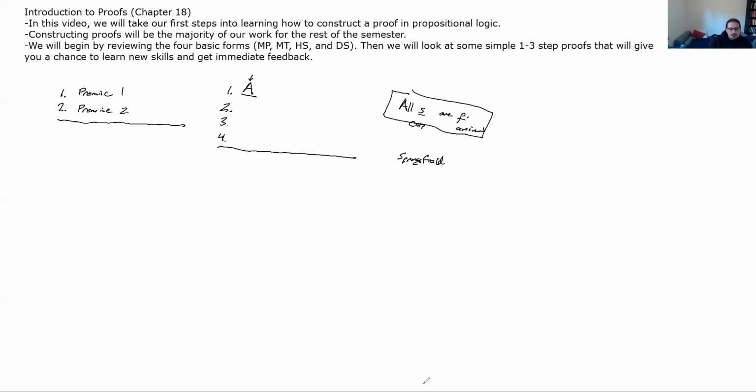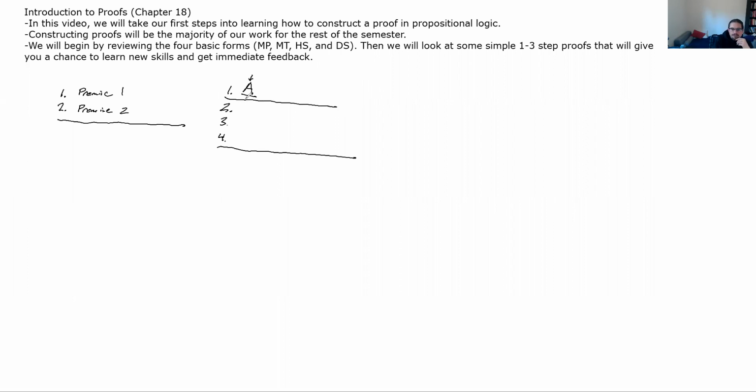Now, in addition to that, when we look at a premise, we're going to understand that the entire line, the line as a whole, is going to be taken for the sake of the argument as true. So when it says 1, this is indicating premise 1, A, it's suggesting that A is true.